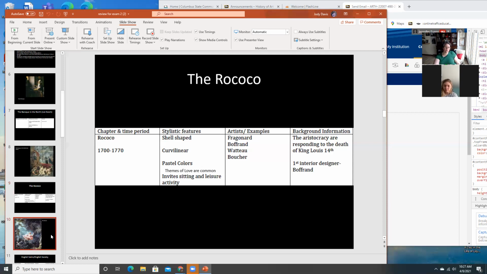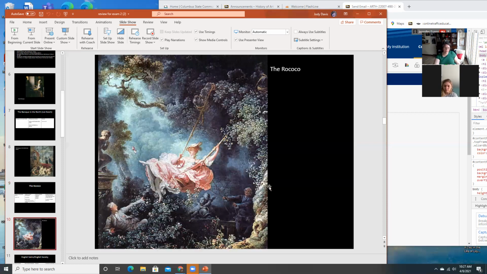Okay, so art from the Rococo looks sort of like this. This is Fragonard's The Swing. And the story in itself is a hedonistic story. The woman swinging back and forth. Her chaperone is actually a reverend. He's a preacher. She's not wearing any underwear.